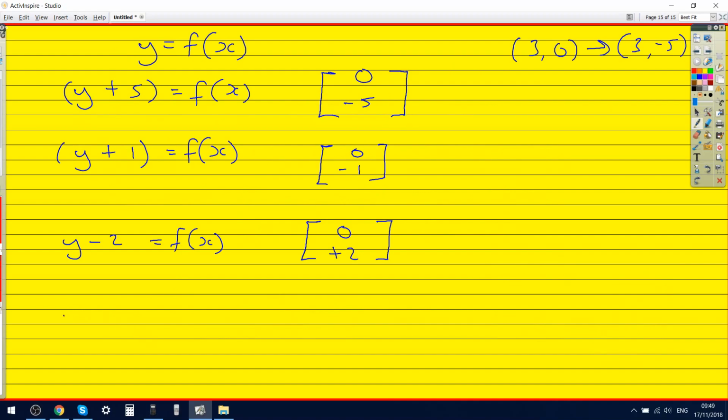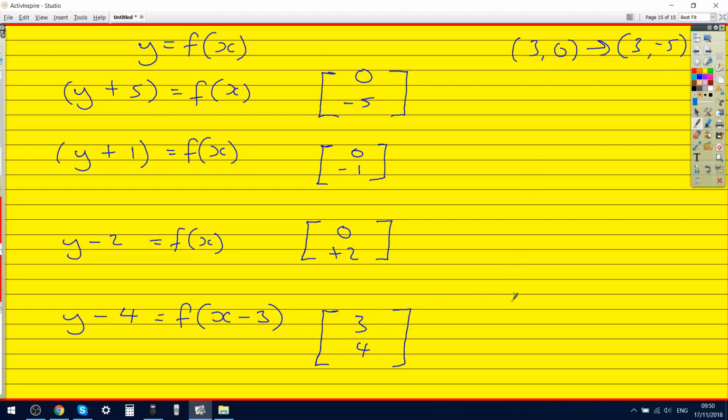So last one, y minus 4 equals the f of x minus 3. What's that going to be? So would it be plus 4 and plus 3? Plus 3 on the top, plus 4 on the bottom. Yeah, that's it.